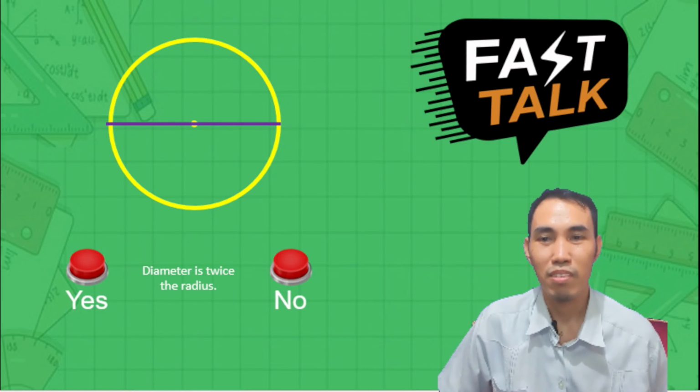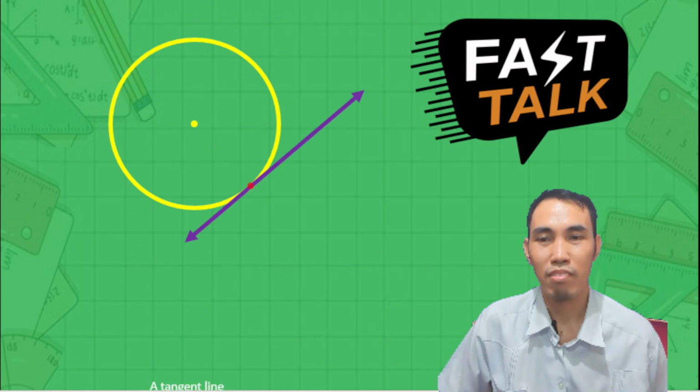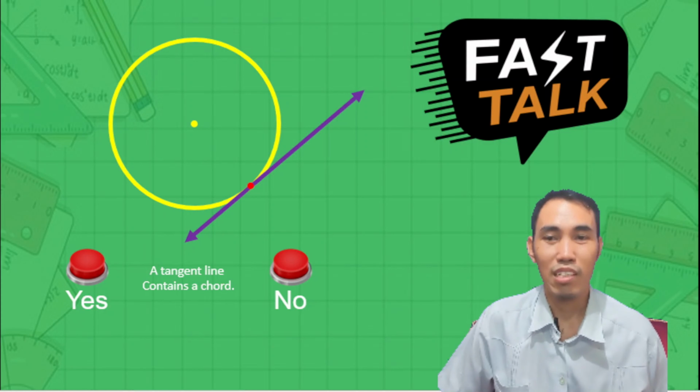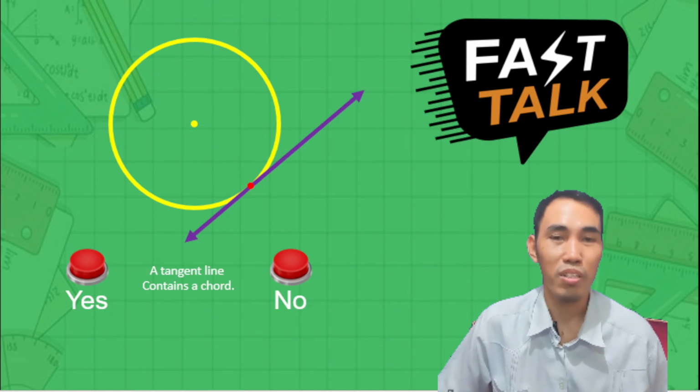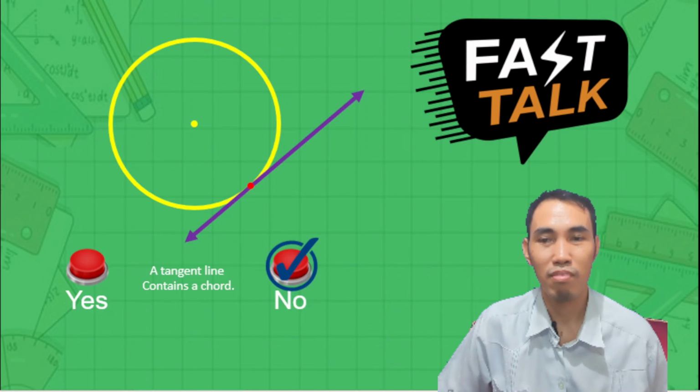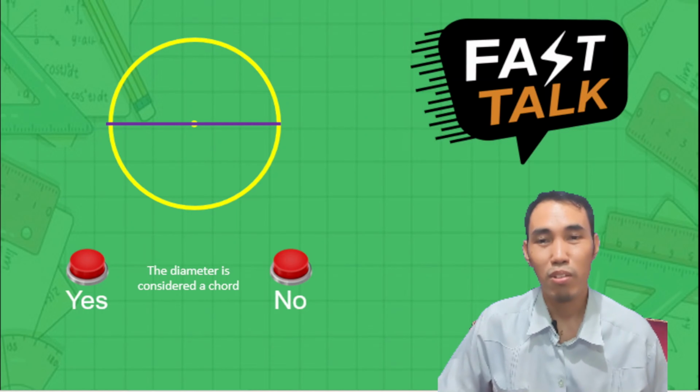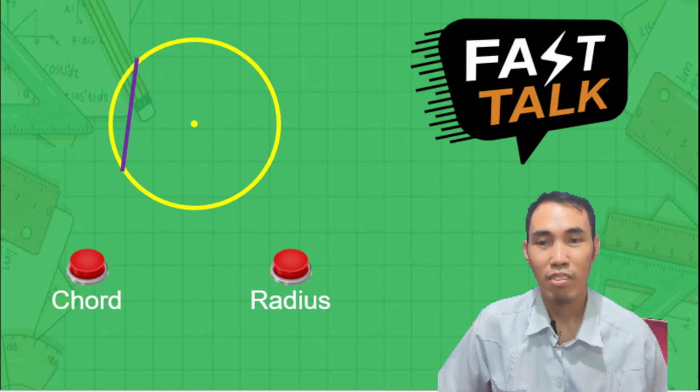Yes or no? Diameter is twice the radius. Yes or no? A tangent contains a chord. Yes or no? The diameter is also a chord. Chord or radius?